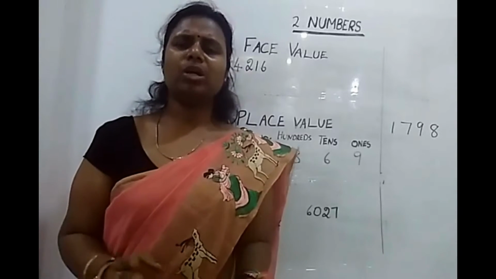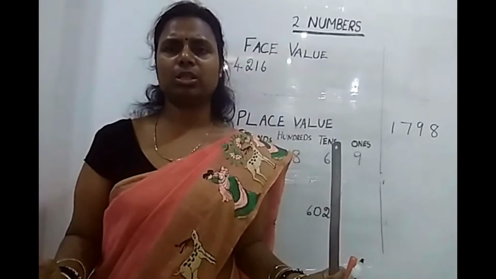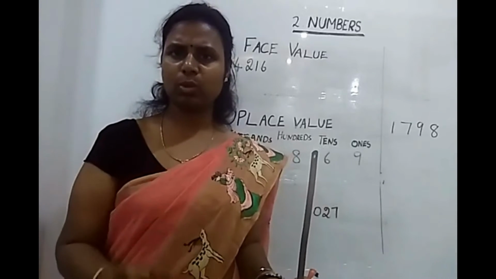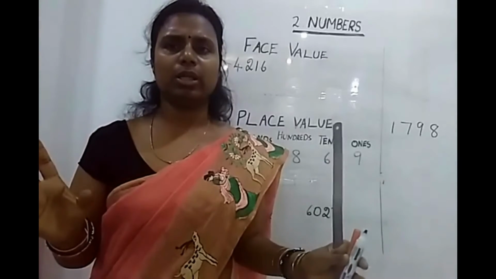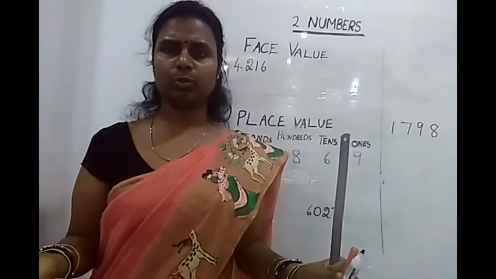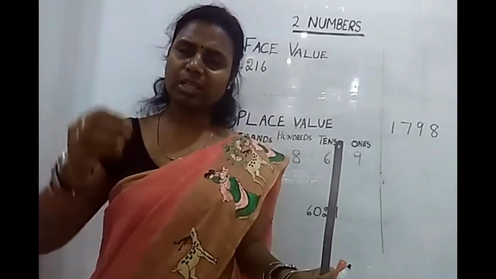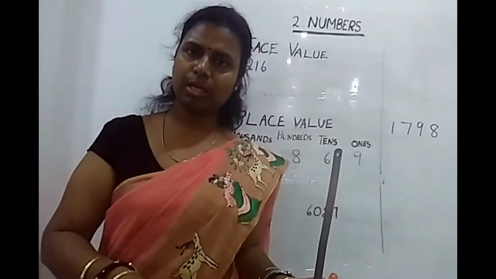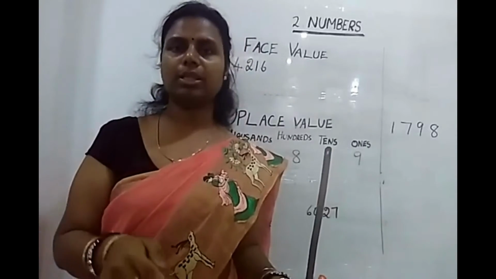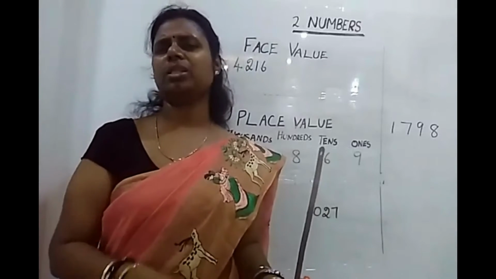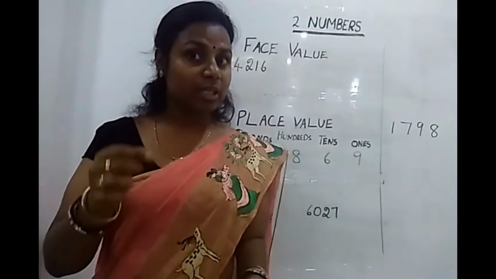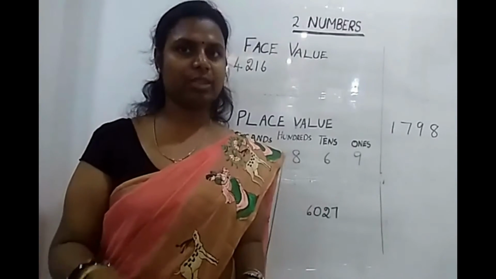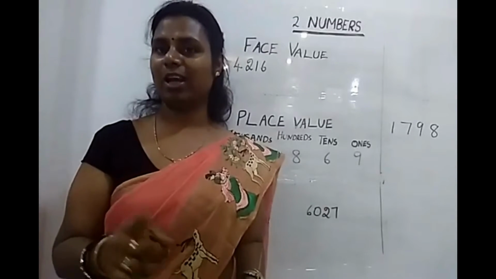Now we don't have to bother about those things, because face value, by looking at that digit, what is the number you are going to say? That is the face value. Understood? The value of the digit itself, that is called face value.